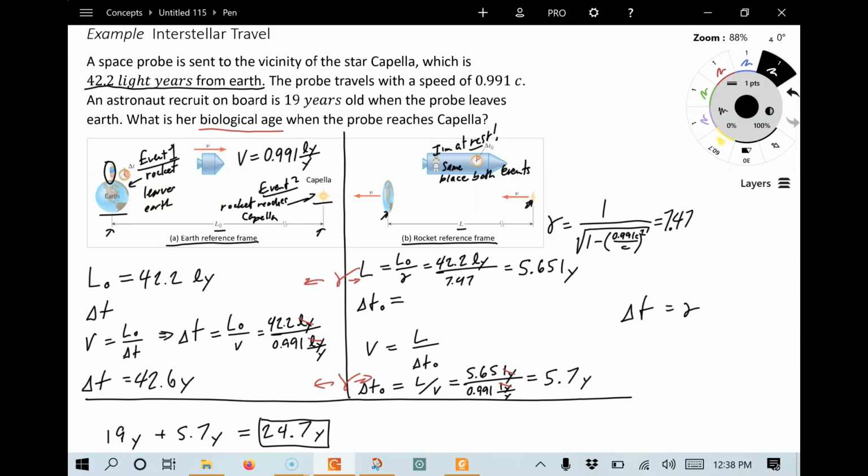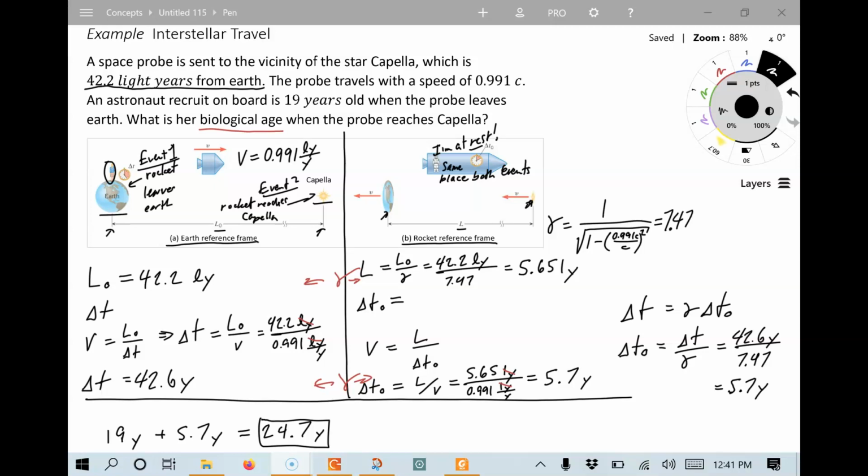We want to calculate the proper time, so delta t0 is equal to the dilated time divided by gamma. The dilated time from the Earth observer's measurement, 42.6 years, divided by gamma, 7.47. We do that calculation, and it comes out to the exact same thing, 5.7 years.